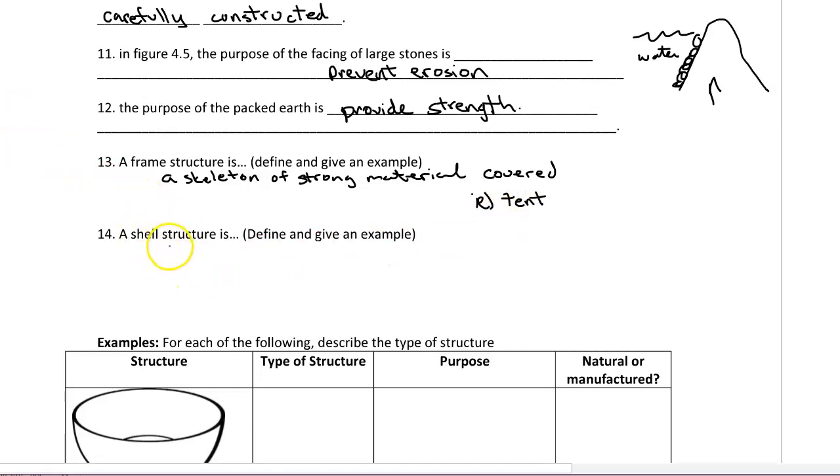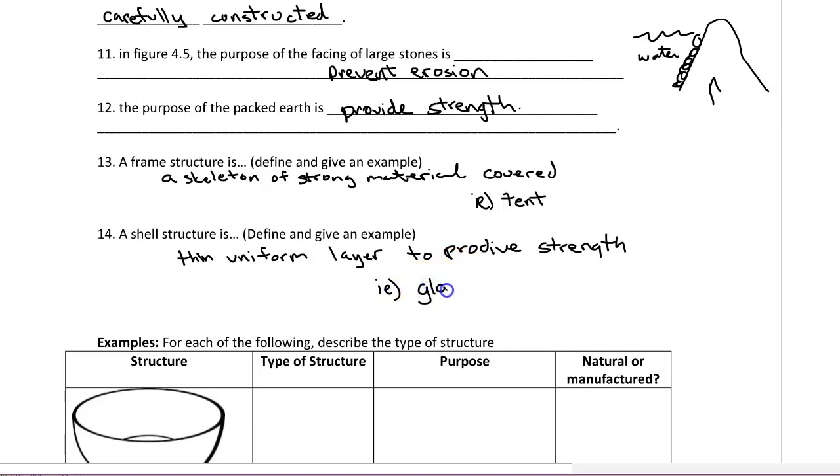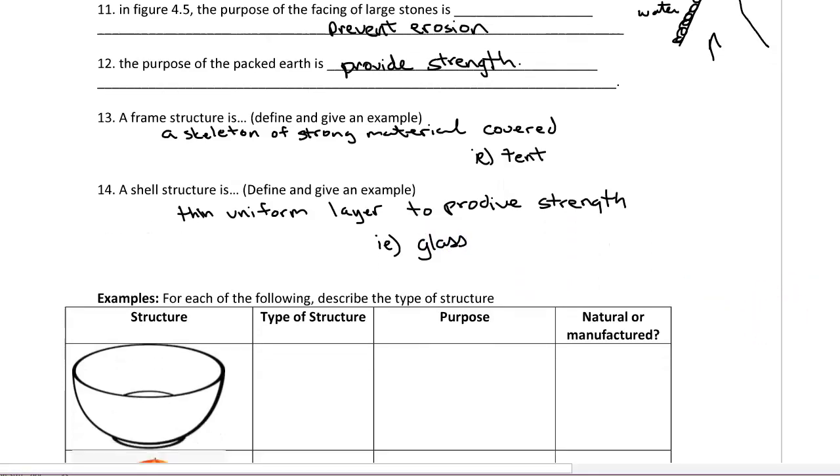Another example here would be a shell structure, which is a thin, uniform layer to provide strength. And so an example of this might be, let's say, like a glass. Glass would be something that would be a shell structure.